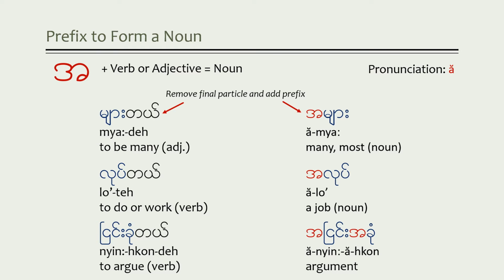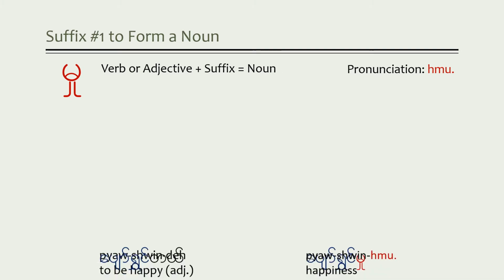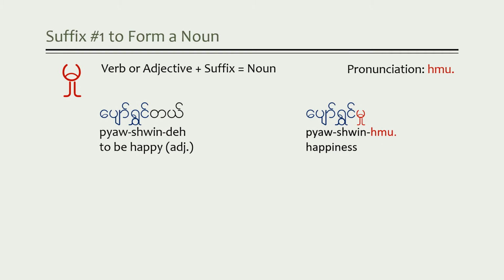Now let's look at the next particle. This is the first of 3 suffixes that can change a verb or adjective into a noun. It's pronounced mu. So in the first example, I'll use the word for to be happy, pyoshwinde, an adjective.